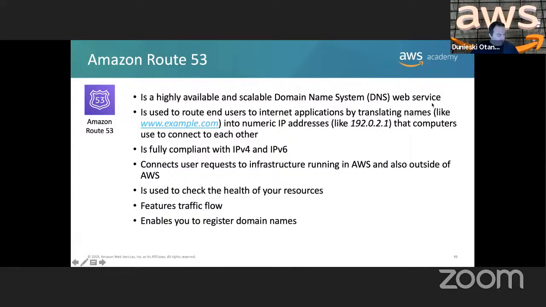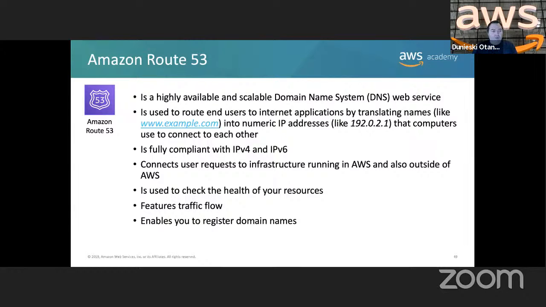It's a web service and it's a global service. Route 53 works in a different dimension. It's just in the outer space, along with elastic load balancers and CloudFront. They're there working to deliver content the quickest way possible to customers.